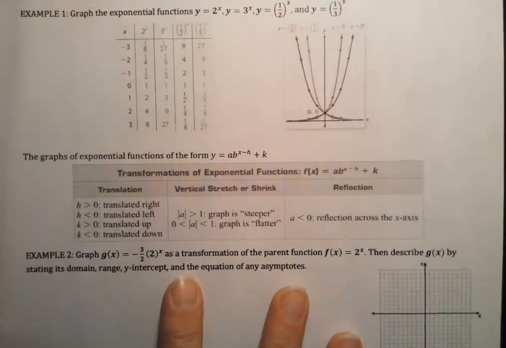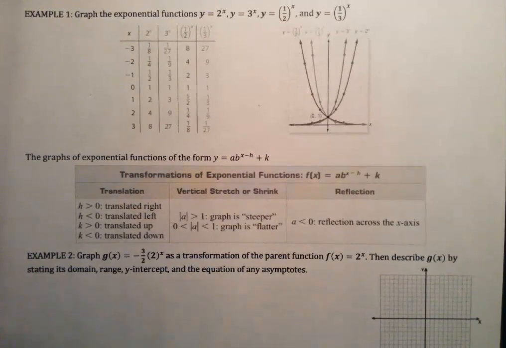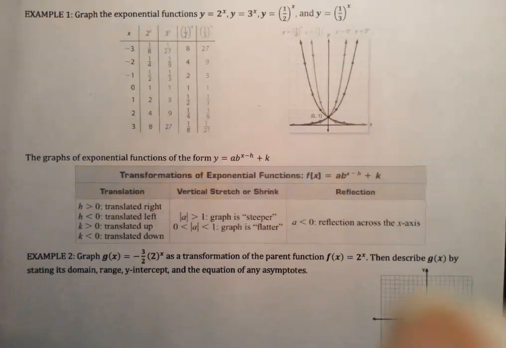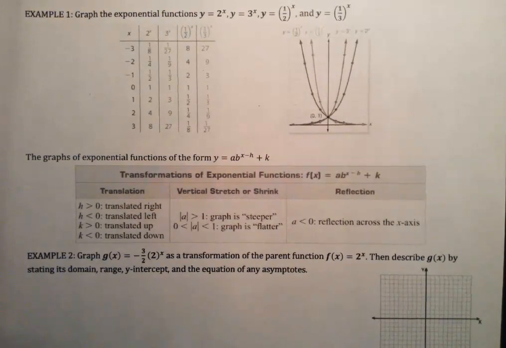Okay. So for example 1, it's really hard to see here, so hopefully you can see a little bit on your own paper. I went ahead and put all the stuff in there because it says graph the exponential functions y equals 2 to the power of x. That's the first one here. And we've plugged the numbers in.